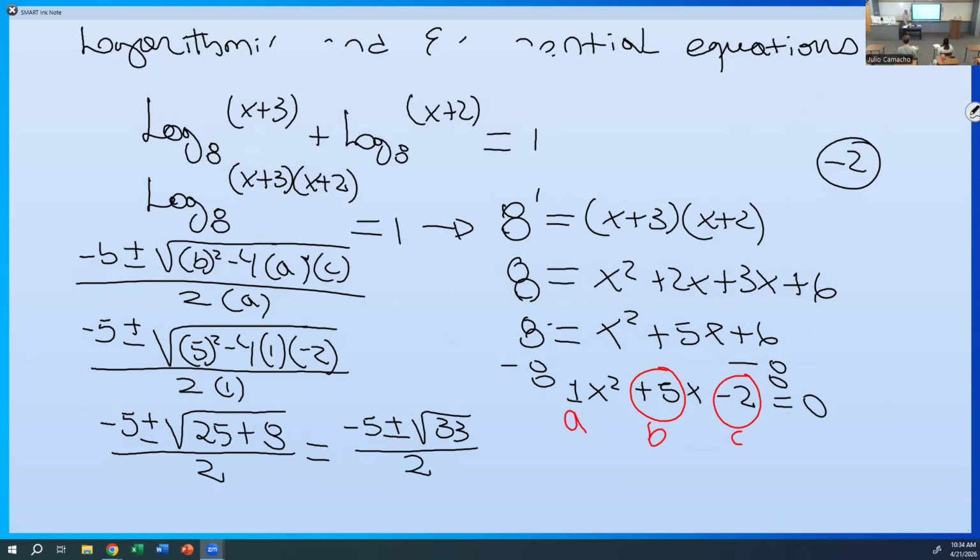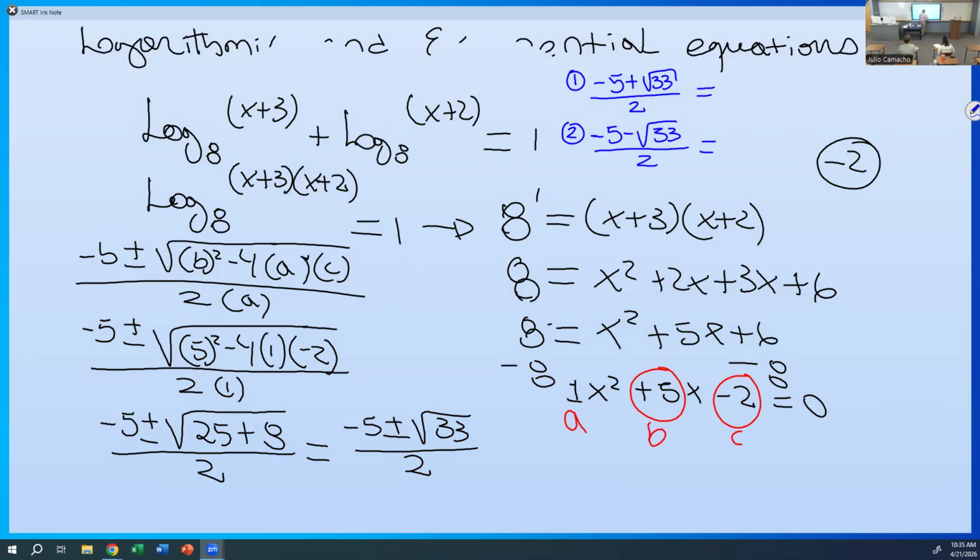So we have two answers, and you have to use your calculator. Let me change colors. I'll put the two answers in blue. Answer number 1 will be negative 5 plus the square root of 33 over 2. And the second answer, because you have a plus and a minus, will be negative 5 minus the square root of 33 over 2.